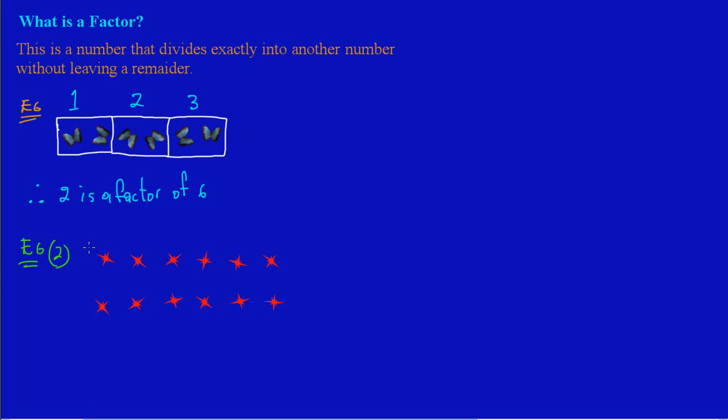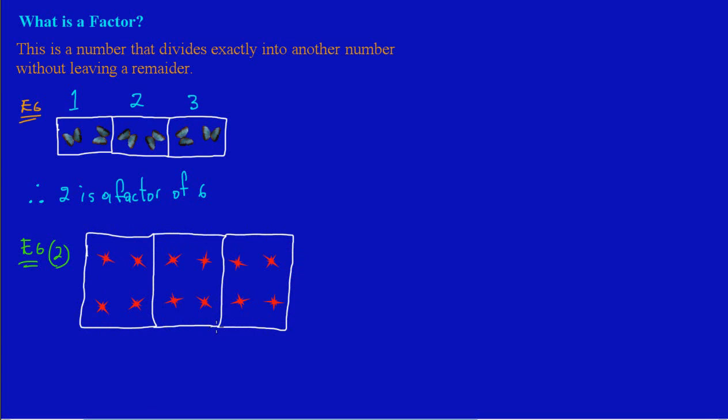This would be 1 set of 4, another set of 4, and another set of 4. Since we got 3 sets of 4's and didn't have any leftovers, we can conclude that 4 is a factor of 12.